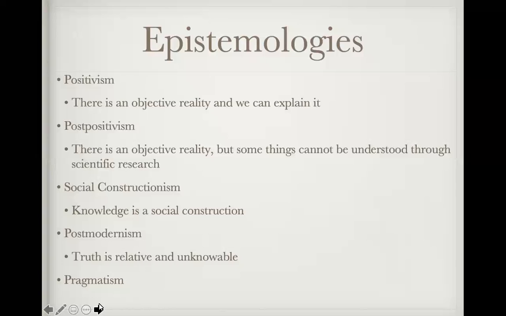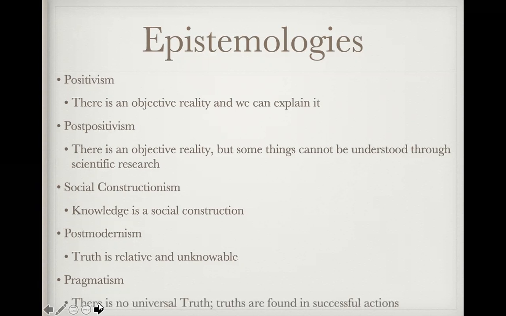Pragmatism is the next epistemology we need to know about. I don't know why I bother. You guys don't care. It's just I don't have anybody else to talk to, so this is what I do. Pragmatism: the idea that there is no universal truth with a capital T, but rather truths are found in successful actions.